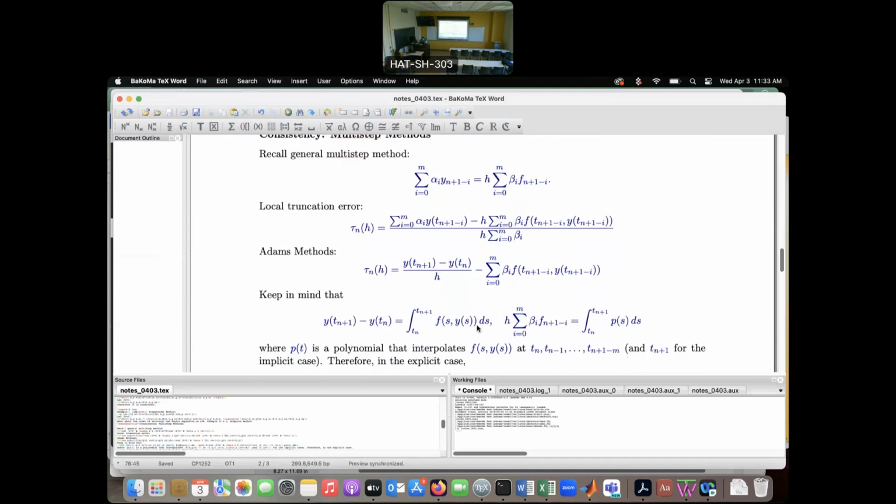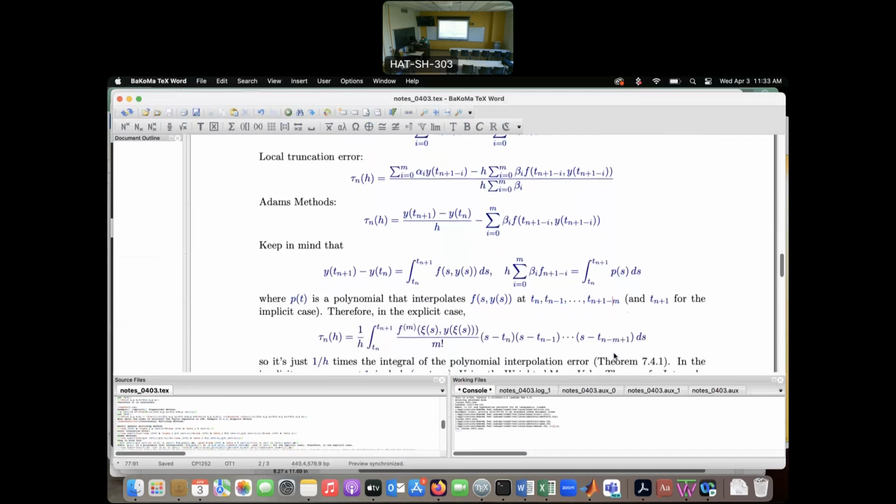So really, our local truncation error is 1 over h times the exact integral minus this sum, and this sum is meant to be a quadrature rule. So here we're replacing the exact integral in our Adams method by the exact integral of this polynomial that interpolates f at these times.